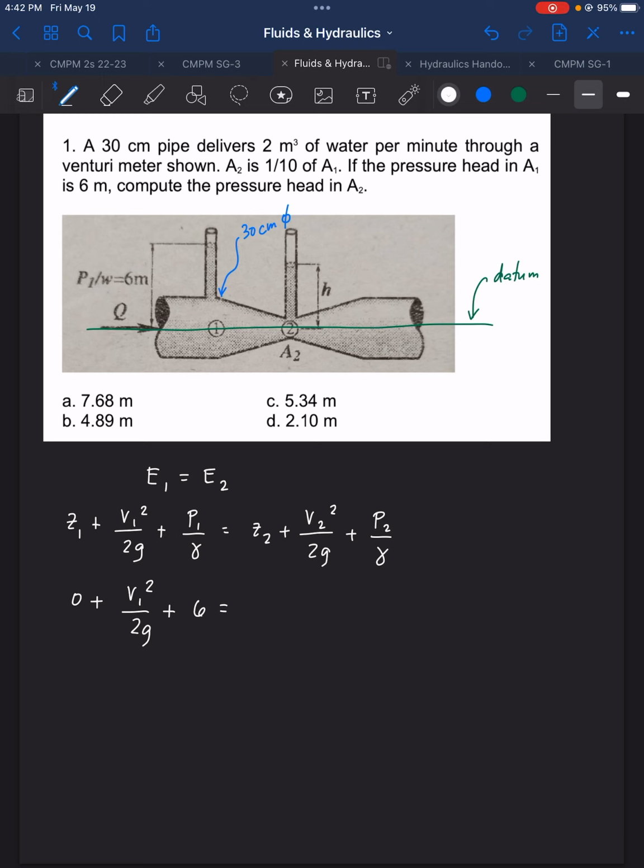That is equal to the elevation head at point 2 as 0, plus the velocity head at point 2, plus the pressure head at point 2.